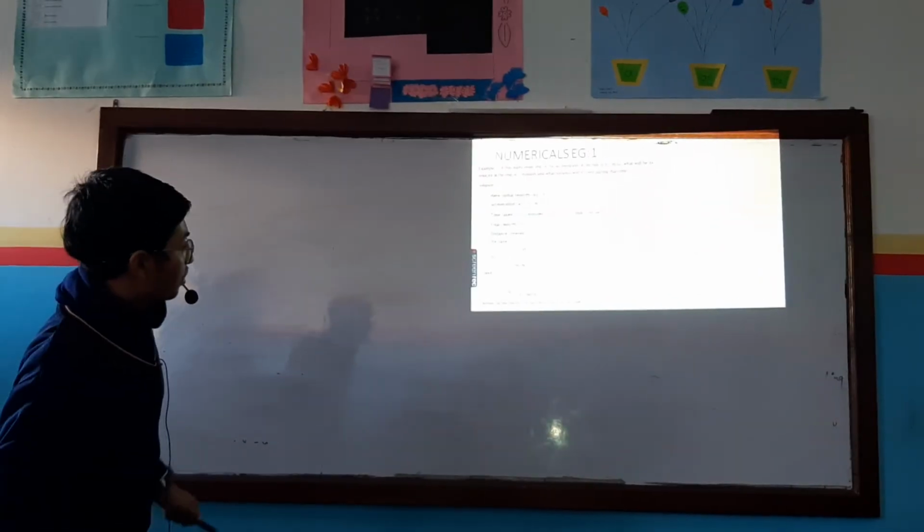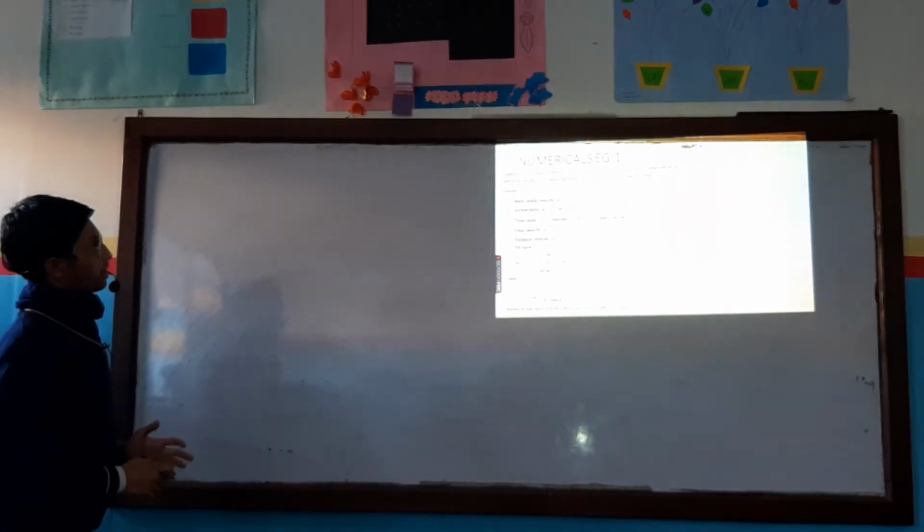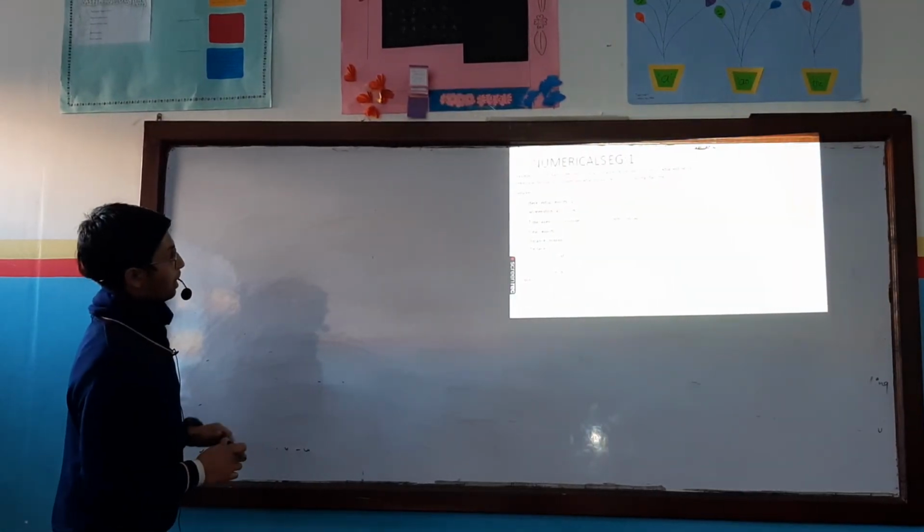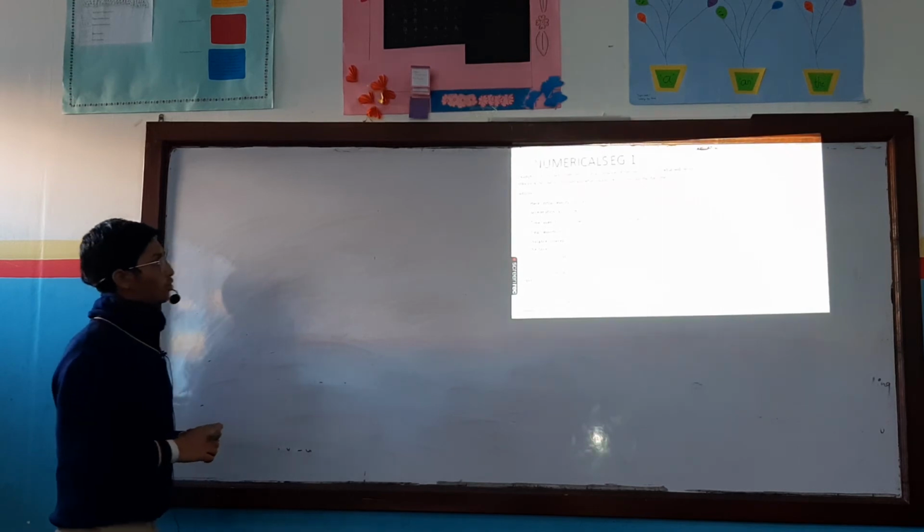Now by reading the question, we know that the bus has started from rest, then its initial velocity u is equal to 0.